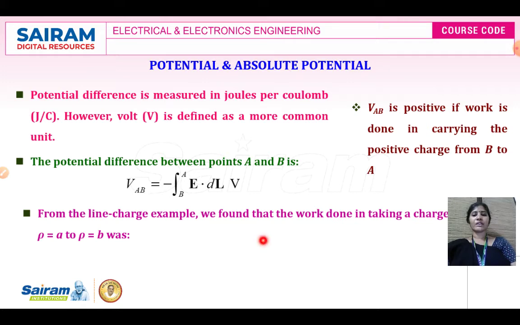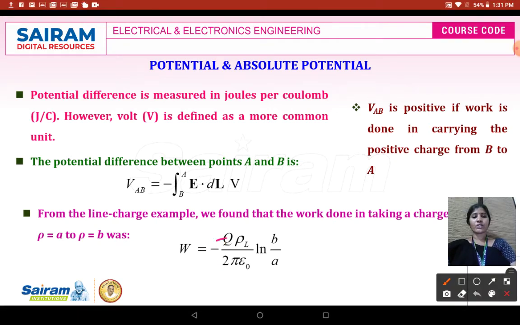We can write the limit from A to B or B to A. Just the limit can be changed, and it can be applied to identify whether the amount of potential or work done is positive or negative. If we move the point charge from A to B, then the work done is equal to minus Q rho L divided by 2 pi epsilon ln of B divided by A. If you want the potential, bring the Q to the other side.